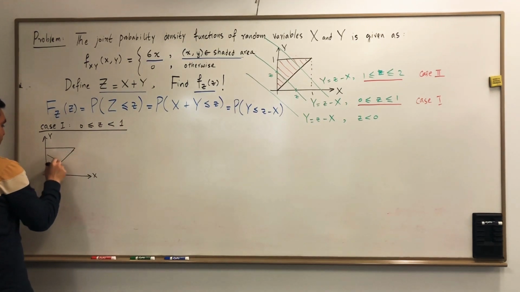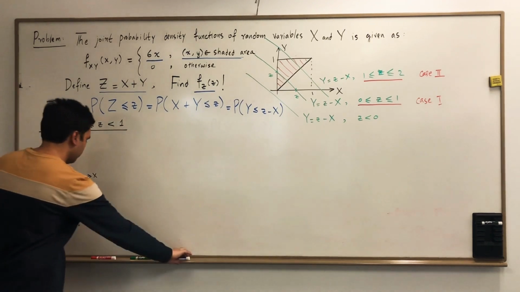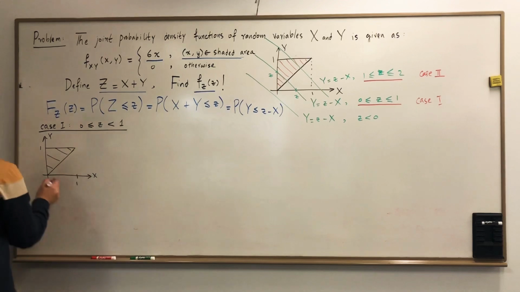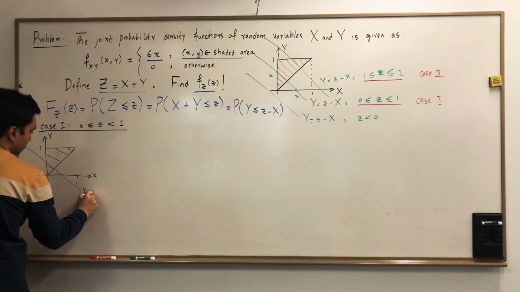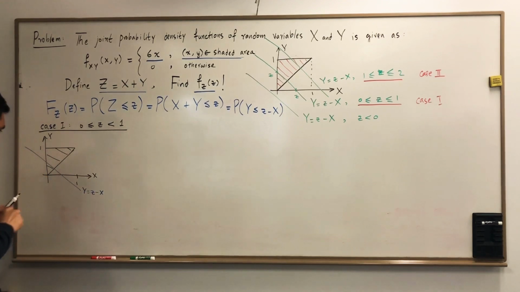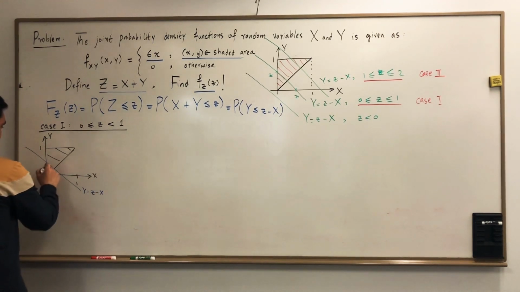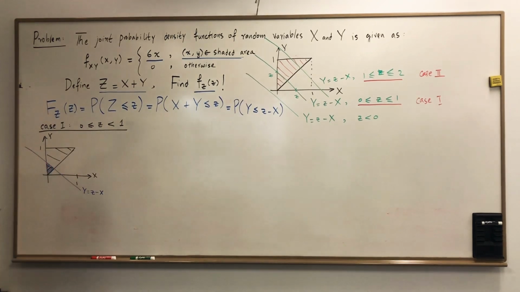This is the region where the density is defined. And y equals z minus x in this case looks like this. And the region where y is less than z minus x is actually this region. So the shaded region is where y is less than z minus x, and that region overlaps with the density here.